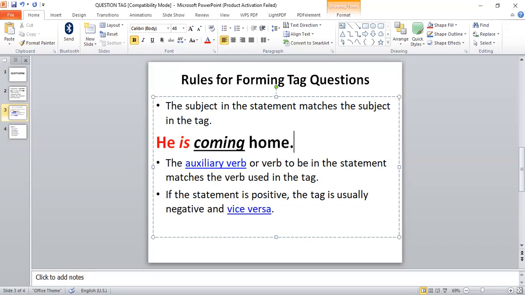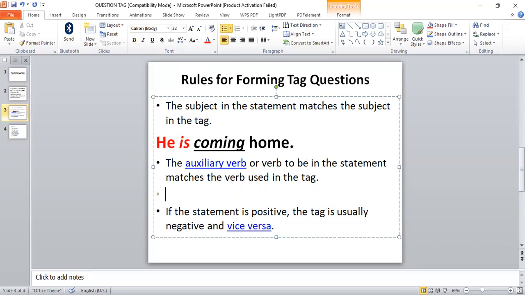Now, the second rule states that the auxiliary verb or the verb to be in the statement matches the verb used in the tag. The auxiliary verb in the statement or the verb to be in the statement matches the verb to be in the tag.